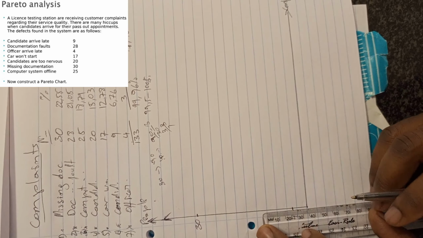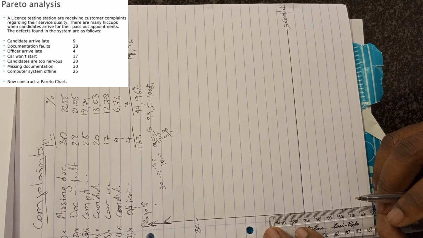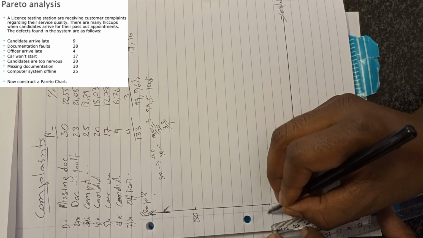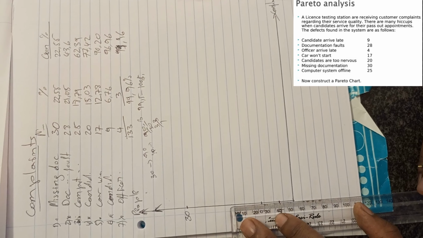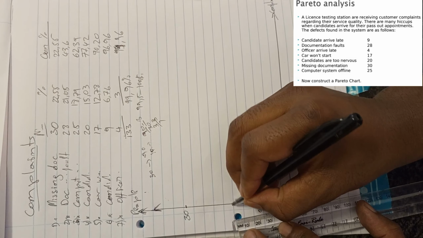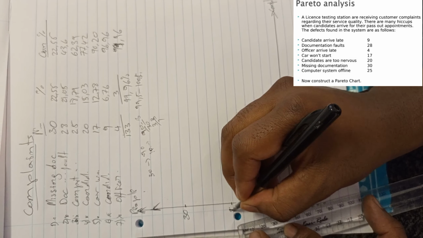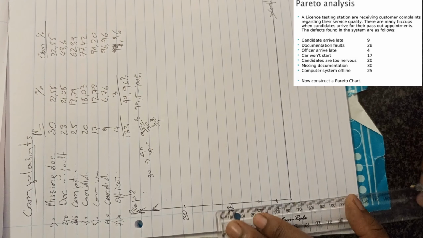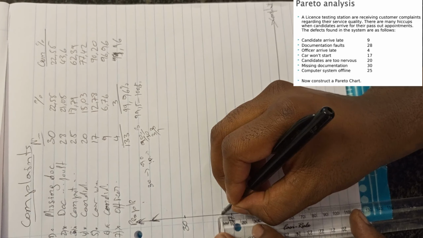Then comes 9 people, which will be 27, which is 9 times 3. Then the following one will be 17 people, which is 17 times 3, giving me 51 millimeters. Then comes 20 people complaining, which will be 60.